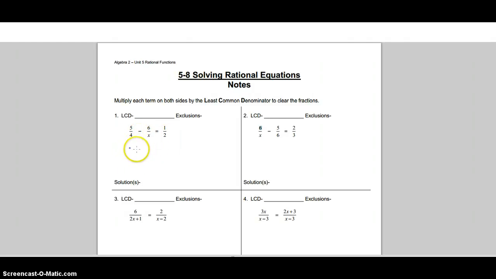What's common between all of this is 4x. To get 4x, what do you multiply 4 by? x. And then you multiply 2 by 2x.